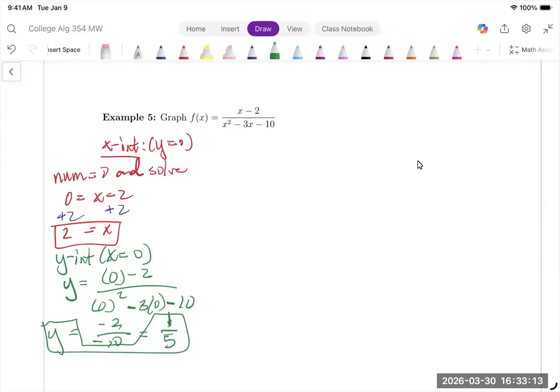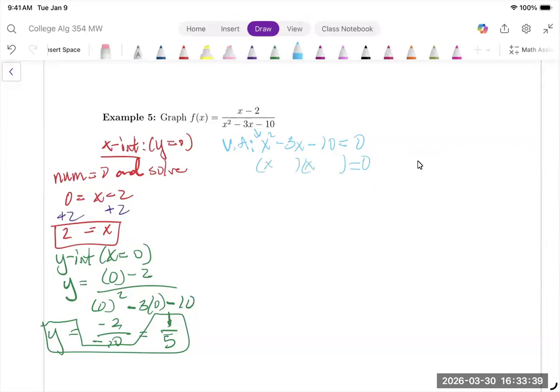Now let's do vertical asymptotes. Remember, vertical asymptotes come from the denominator. So we're just going to factor the denominator. Vertical asymptotes are impenetrable walls that occur where the denominator is equal to 0. And in factoring, we'll see that there's no hole.